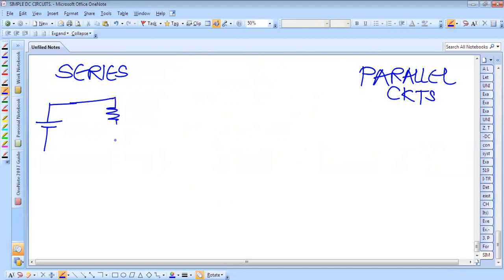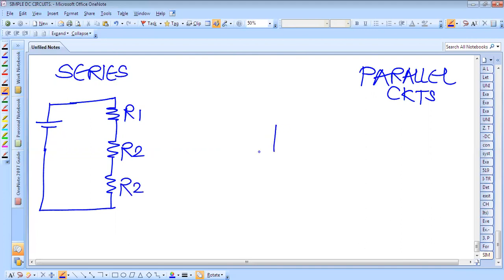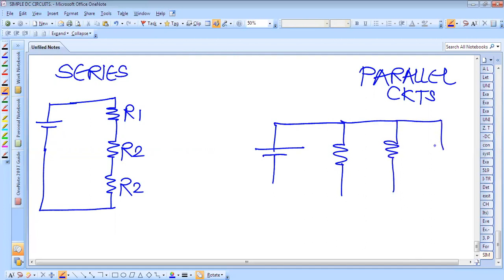This is R1, R2, R3 in series. And for the parallel, we have the circuit like this: R1, R2, and R3.